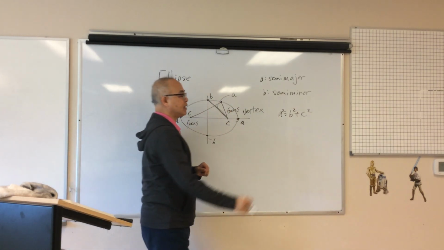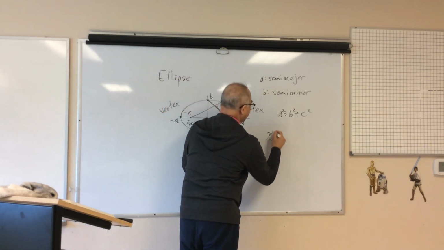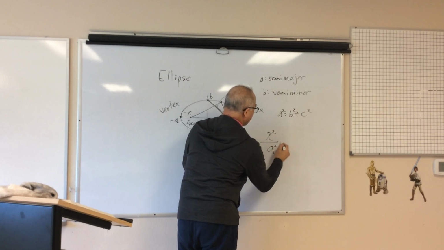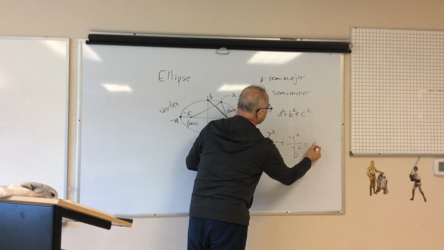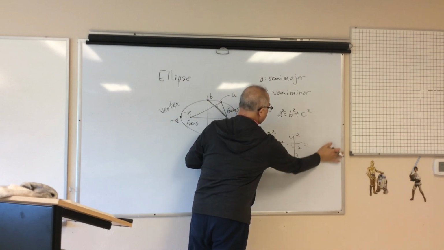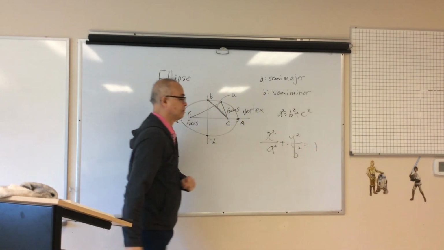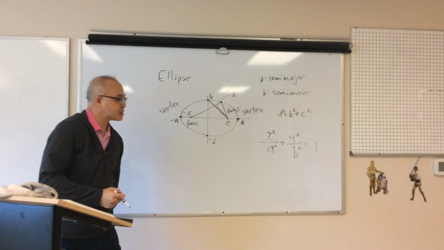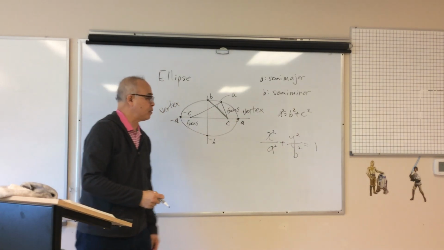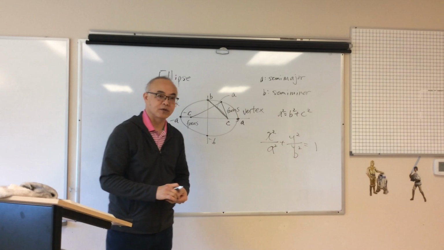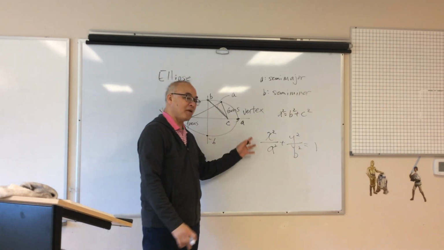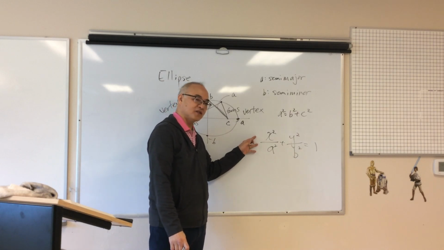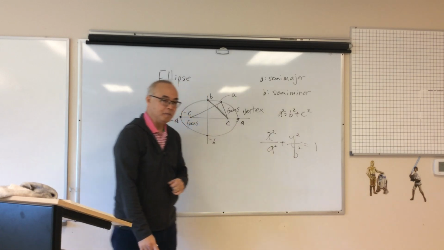And the actual ellipse equation looks like that. Okay? x squared over A squared plus y squared over B squared is equal to 1. So you're probably looking at this thinking to yourself, well, this looks awfully familiar.